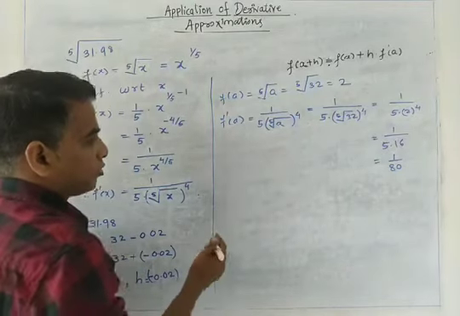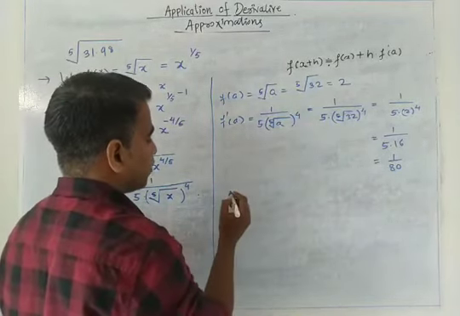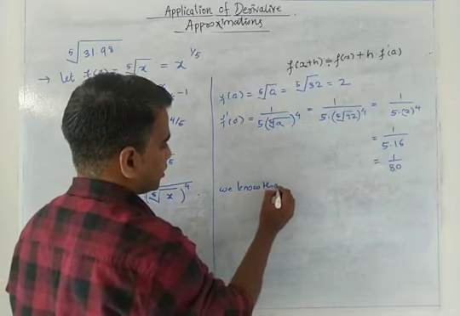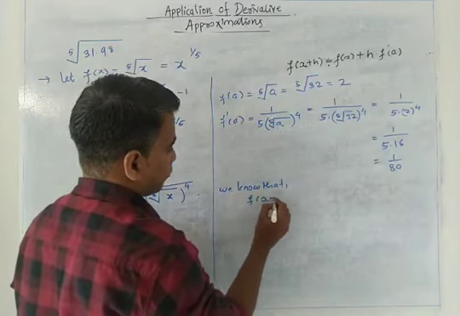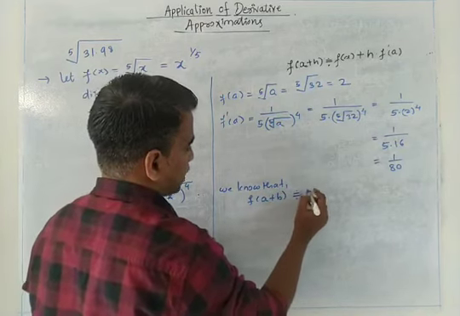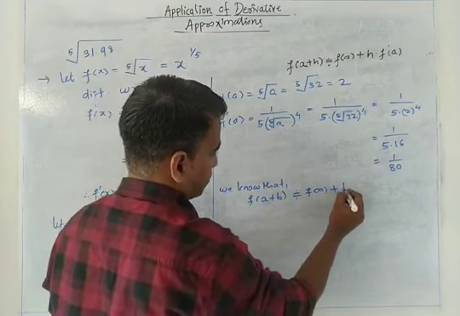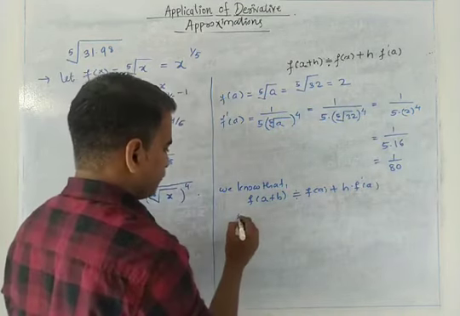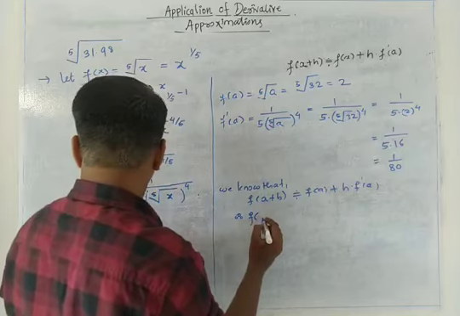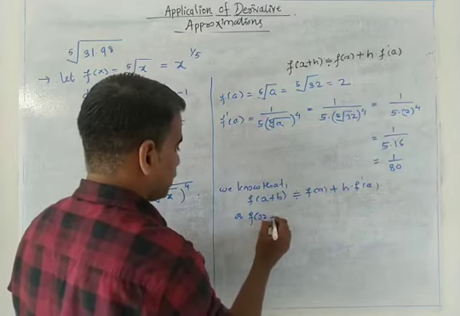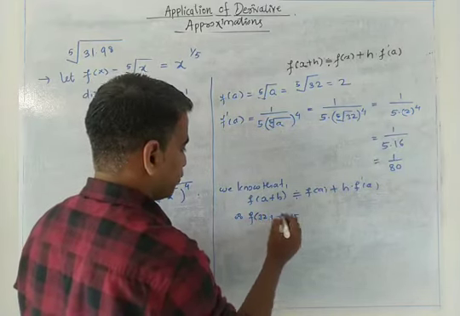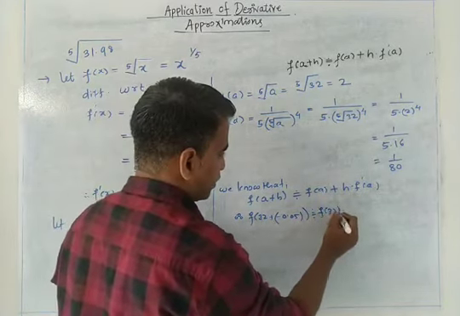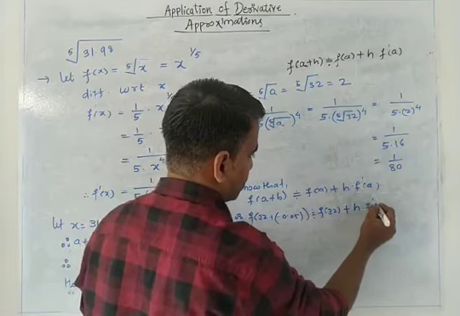Okay, now we start with finding the value of f of a plus h. So we know that f of a plus h is approximately equal to f of a plus h into f dash of a. So f of 32 plus minus 0.02 is equal to f of 32 plus h into f dash of 32.